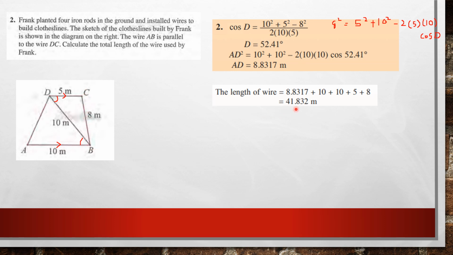So you will get 41.832. You have to notice that there's a line between B and D. That means there's a wire between B and D also. So you have to add BD also. That's why 10 plus 10.